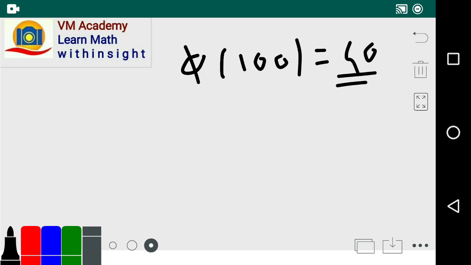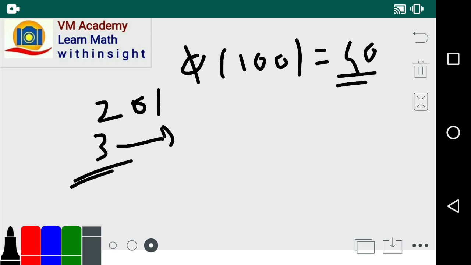So according to Euler's phi function, in many CAT exams and different kinds of exams, such questions are asked. What is the last 2 digits of 3 raised to 201?